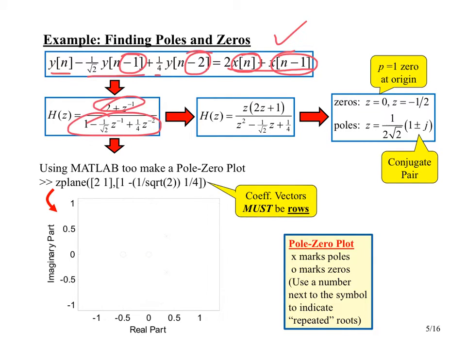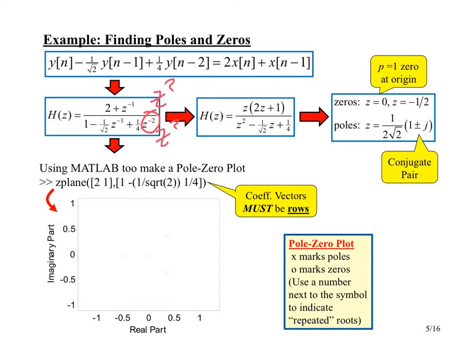Then we look at it and say, well, our most negative exponent is minus 2. So if we multiply top and bottom by z squared, we haven't changed anything, because we're doing the same to the top as we are to the bottom.